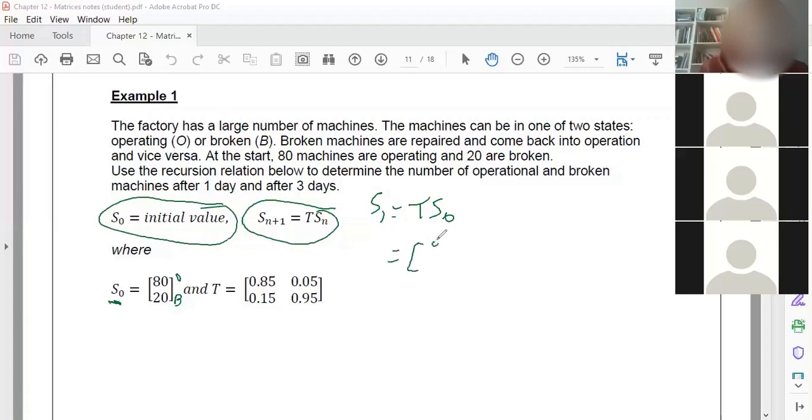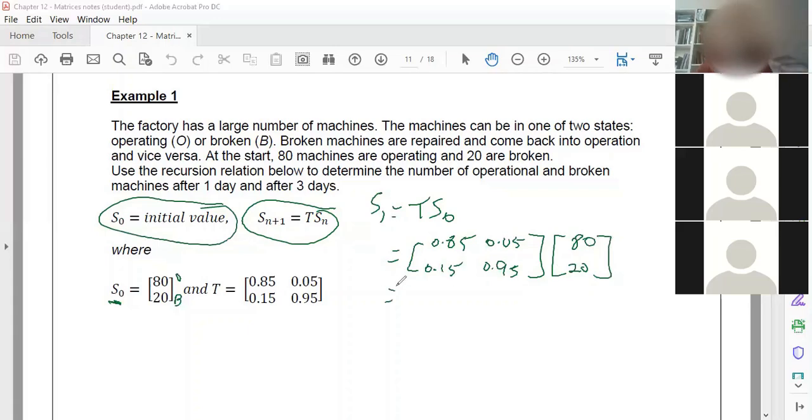So it's going to be 0.85, 0.15, 0.05, and 0.95, and we're going to multiply it by the original, S of 0, which is 80 and 20. When I do that, the answer is S of 1 gives me 69 and 31. That's S of 1.